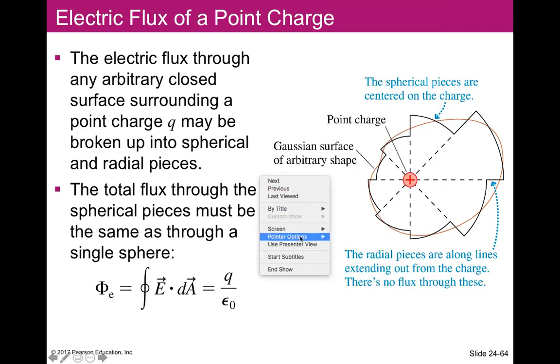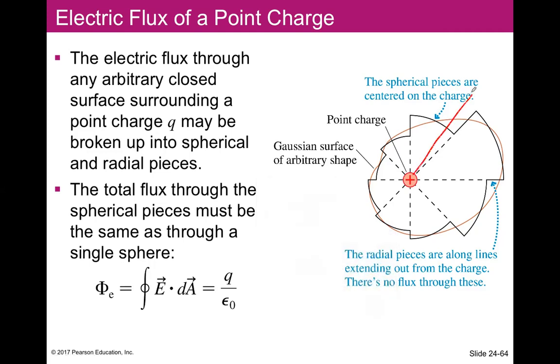Because intuitively, if a field line goes through one surface, let's say the red surface, it must also go through the black surface. So you can imagine if this point charge is covered by a closed surface, then all the field lines must go through that surface. Therefore, no matter which way you draw the enclosed surface, the flux for such a system, which is a single charge, should be the same.